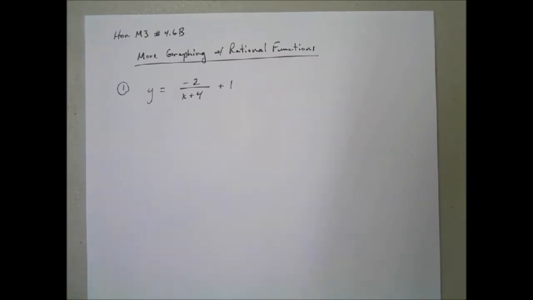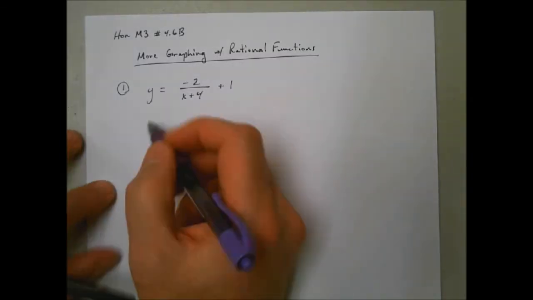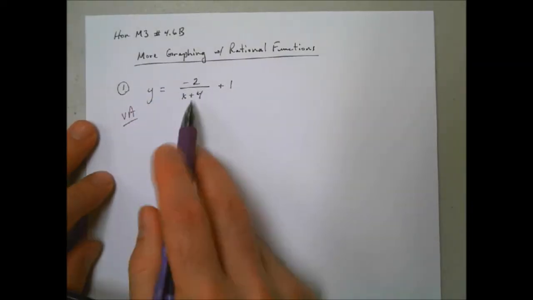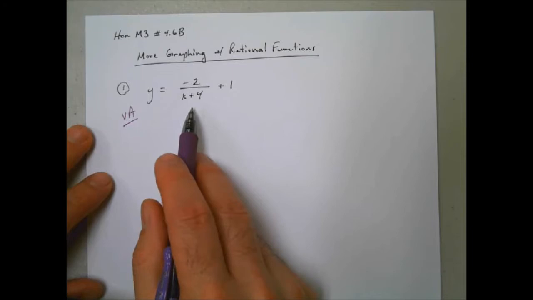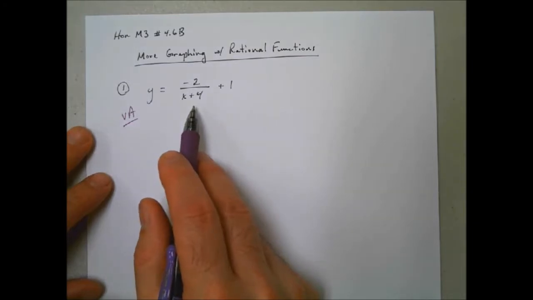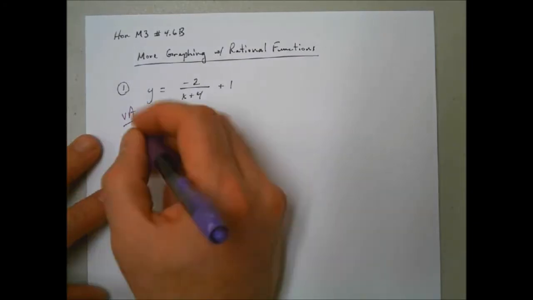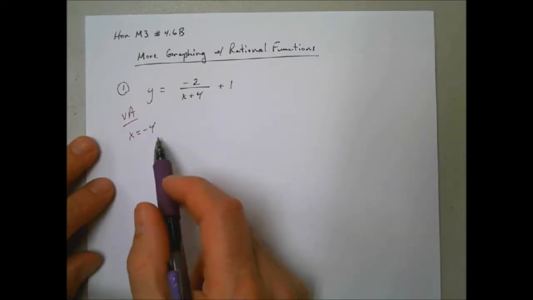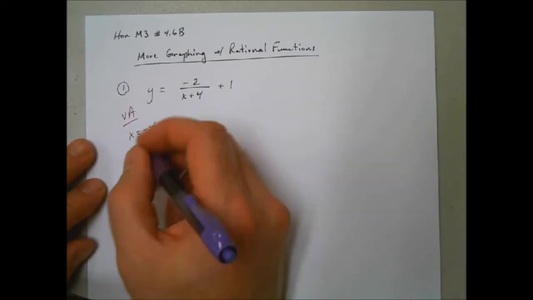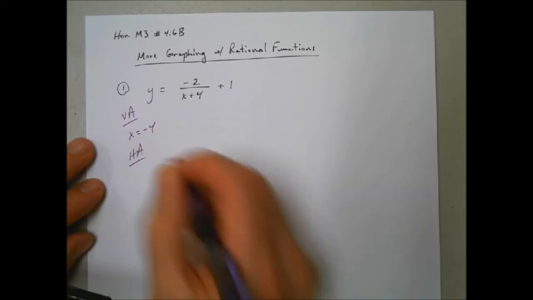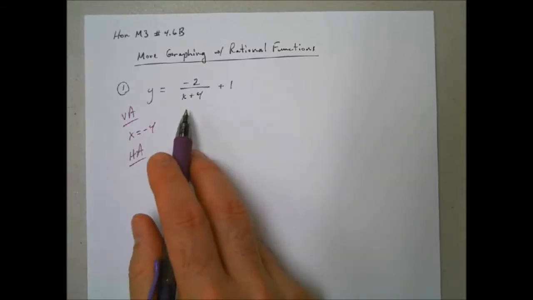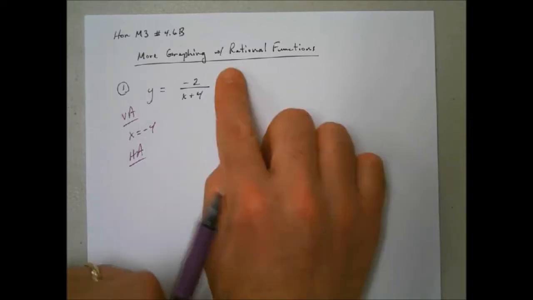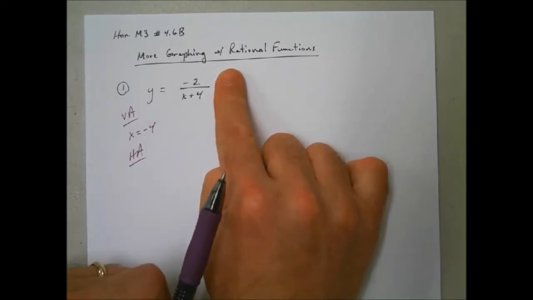Okay, so vertical asymptotes. Well, -4 is a real 0 in the denominator, and it causes a problem. So x equals -4 is a vertical asymptote. Okay. Horizontal asymptote. If we take the limit as x goes to infinity, we have a fraction here, and that fraction is bottom heavy.